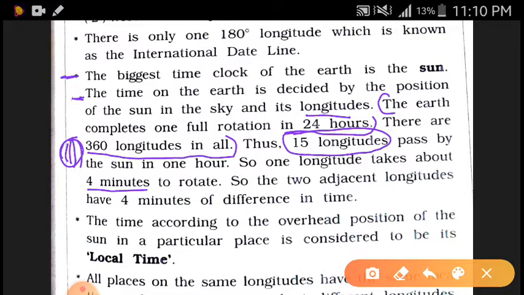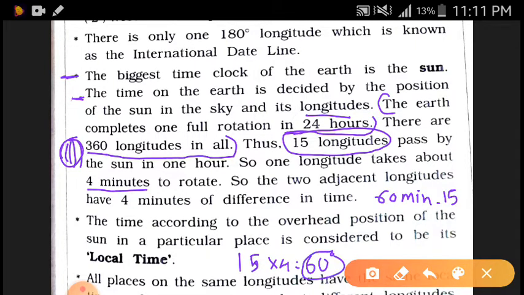In 1 hour, that means in 60 minutes, 15 longitudes pass. If we divide, 15 fours are 60.